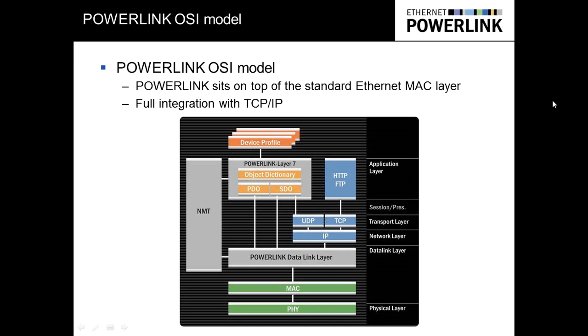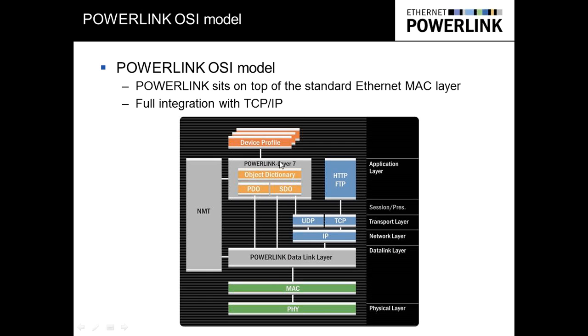Effectively, POWERLINK is basically a gateway between the IP and the MAC. In some cases, POWERLINK talks directly to the MAC. In other cases, it allows packets to communicate directly with the MAC, depending on whether you're in the synchronous phase or the asynchronous phase of the cycle.